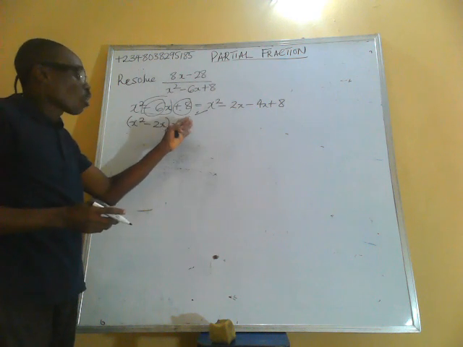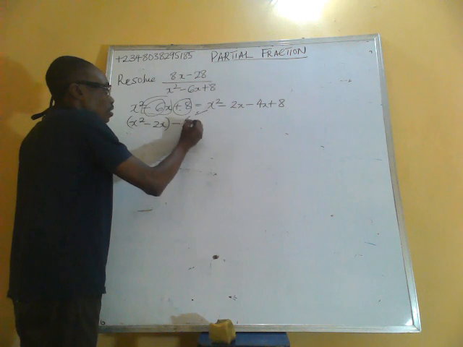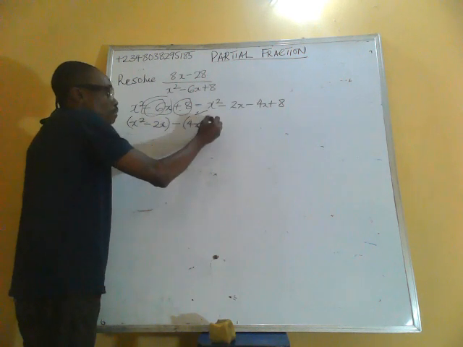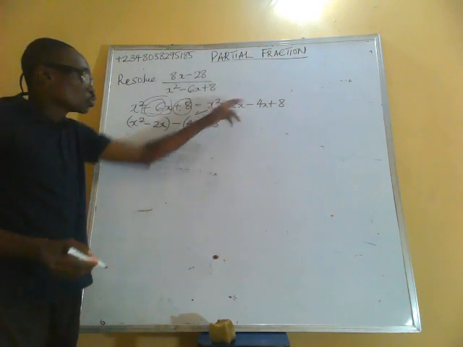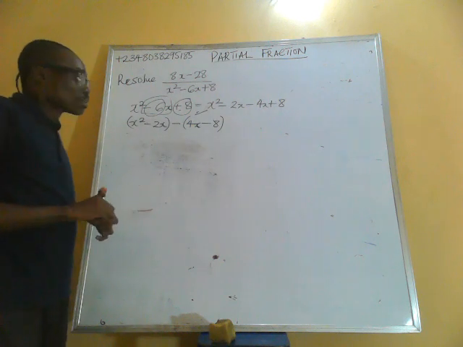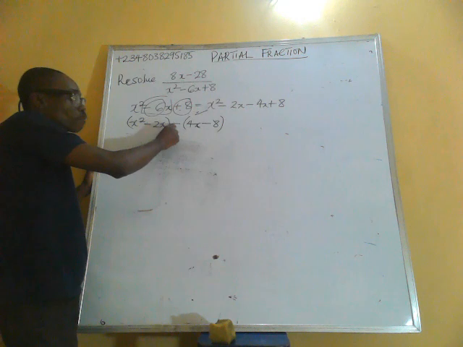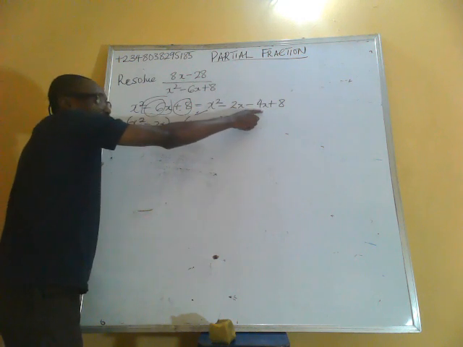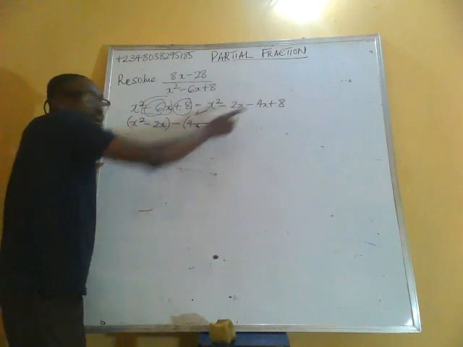But when the bracket comes into play, because of the minus outside, the plus there will change to a minus. Why is it changing? Because if you take out the bracket, minus times minus will give you a plus, just the way it was originally, and minus times the plus here will also give you the minus 4x.